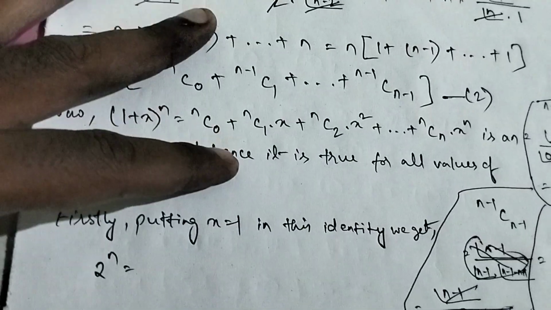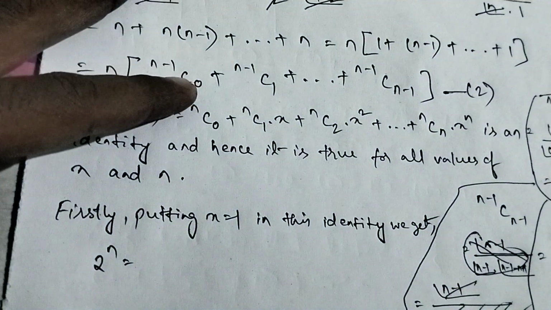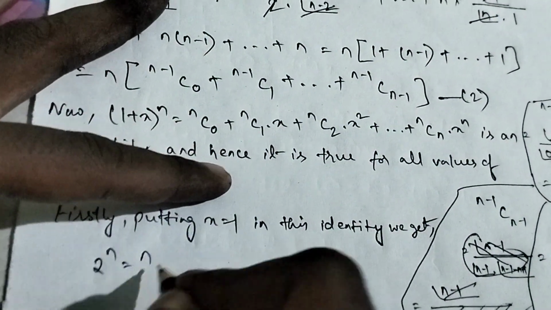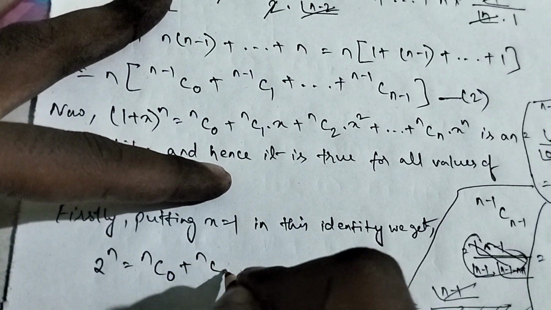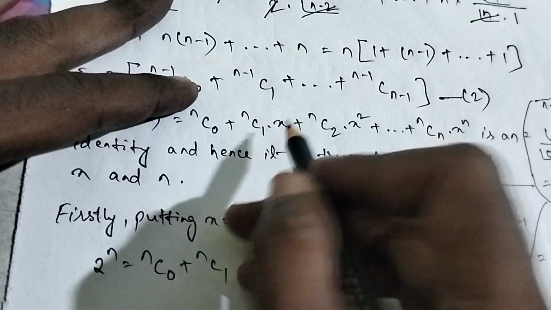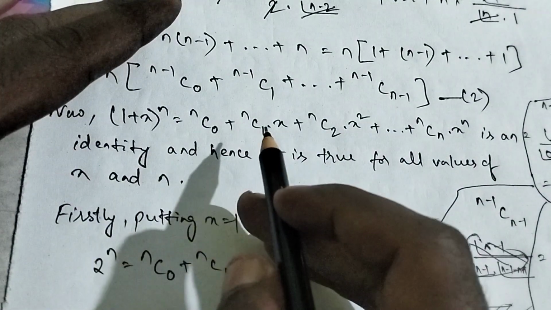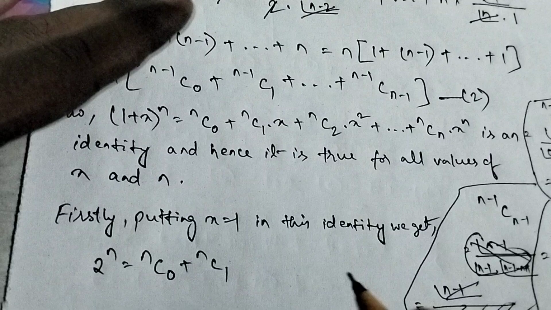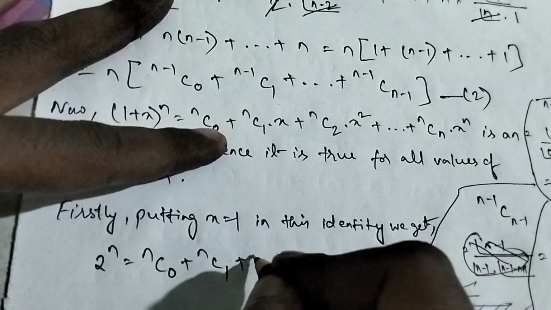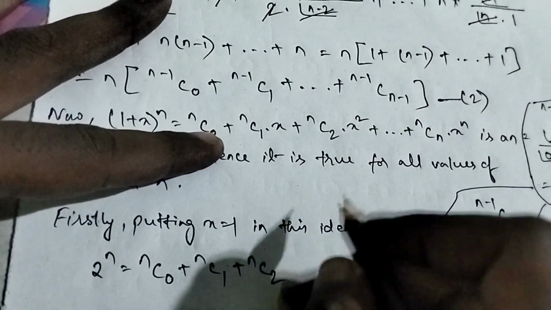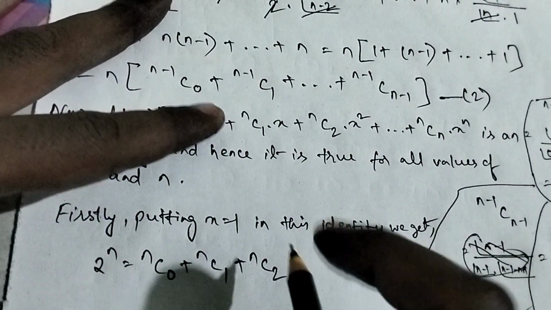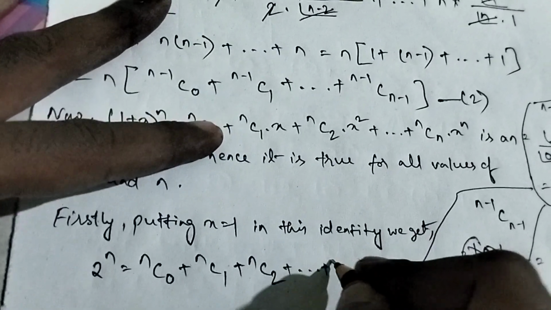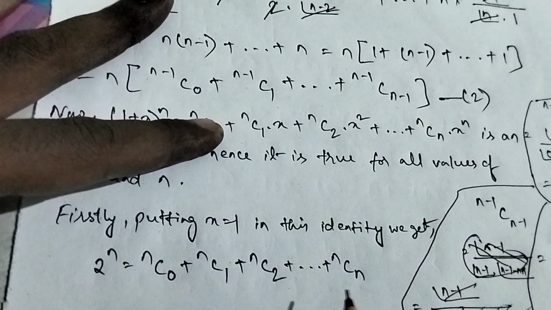2 to the power n is equal to nC0 plus nC1 into x. X means 1, so no need to write, nC1 into 1 is nC1, plus nC2, x square means 1 square, which is 1, plus dot dot dot plus nCn.